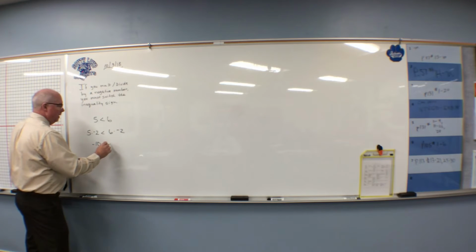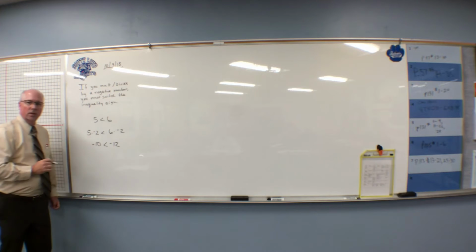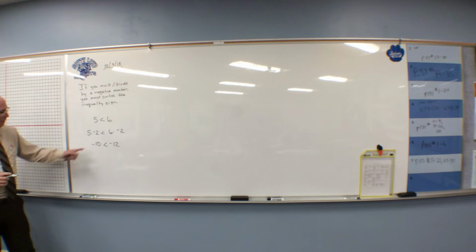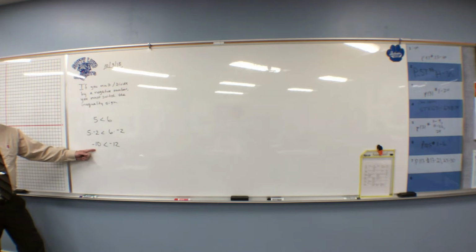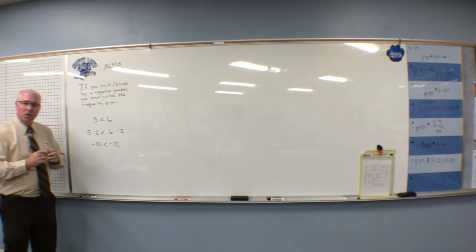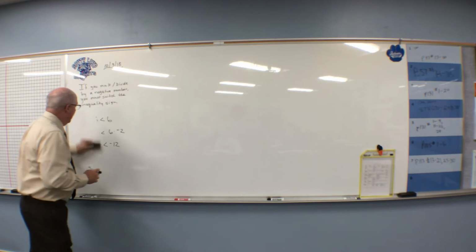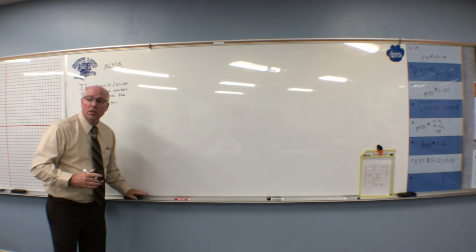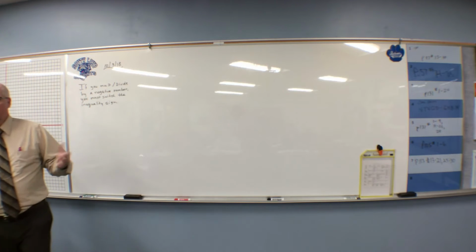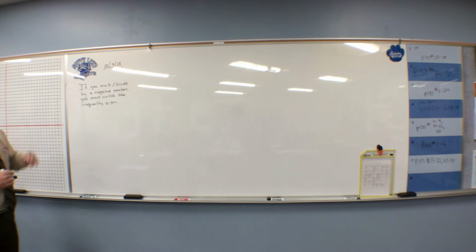Now we have -10 is less than -12. Is that true? No. Mysteriously, the -10 is greater than. Yes, greater than, and that's why we have to switch. Our rules of multiplication, because of negative numbers, change it, don't they? Alright, so that's why that works. Addition, it doesn't matter. Subtraction, it doesn't matter. So that's the first thing you have to remember.